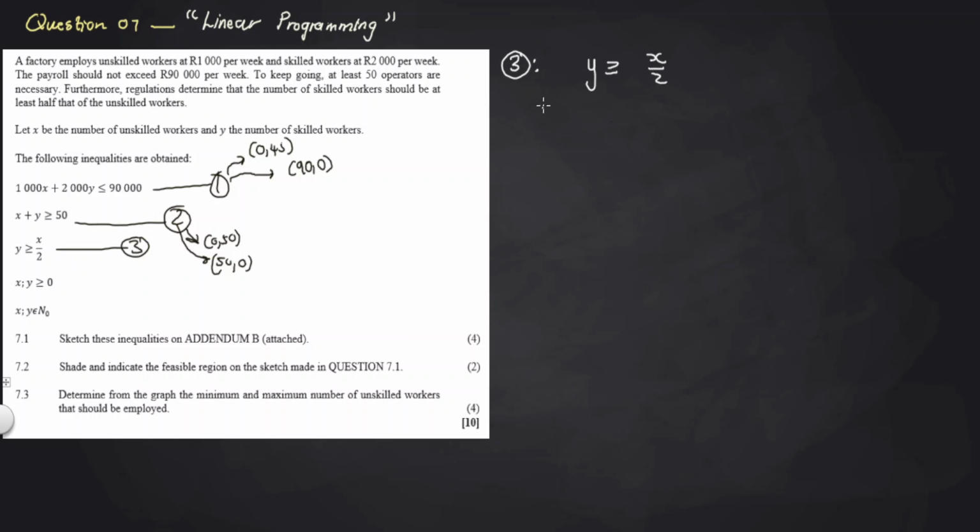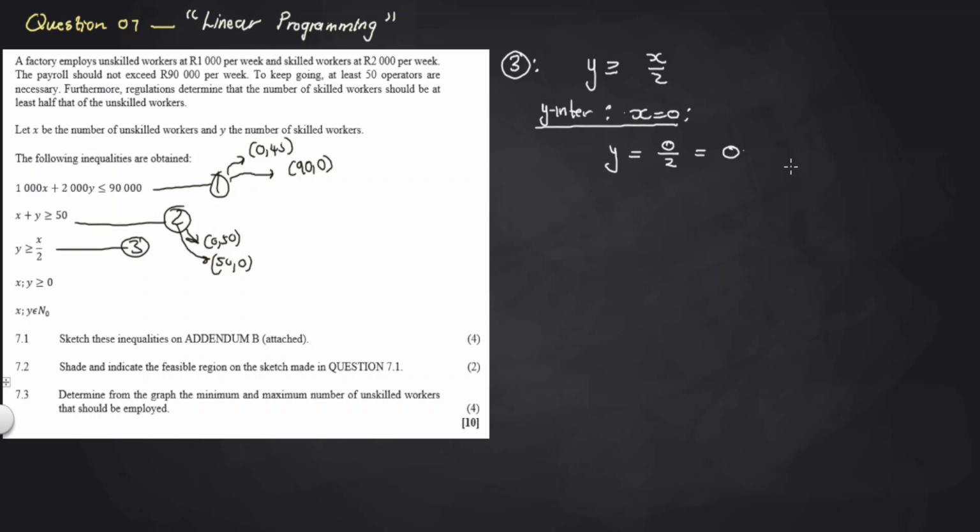Alright, so let's start with the y-intercept. How do we get the y-intercept? We let x be 0. Then y is equal to, I remove the inequality sign and place an equal sign, 0 over 2. What's the answer?